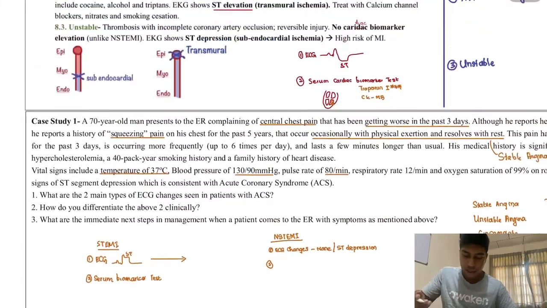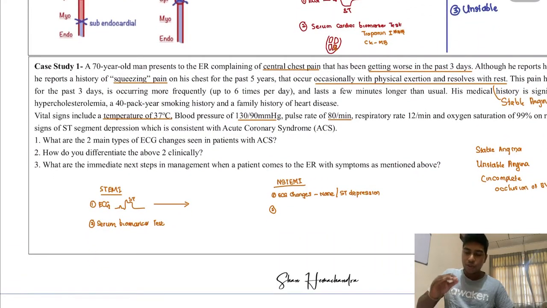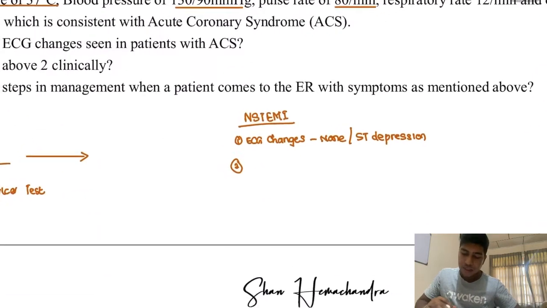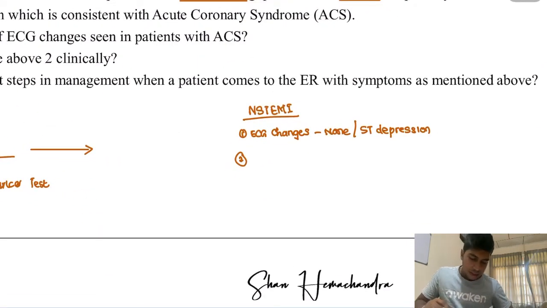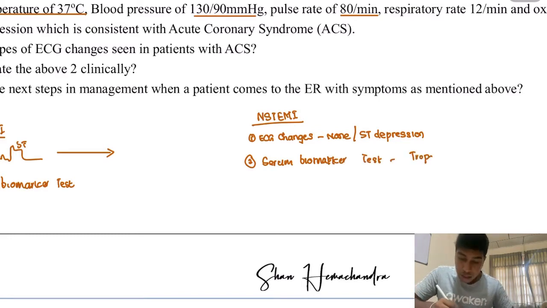You have to do it, but if there's no ECG changes, we cannot assume the patient is not having a heart attack. You need to do a serum biomarker test.